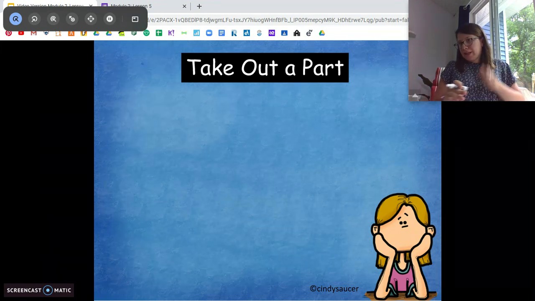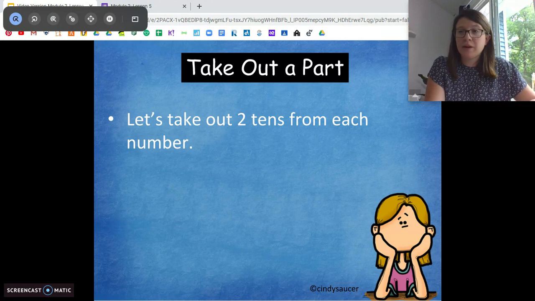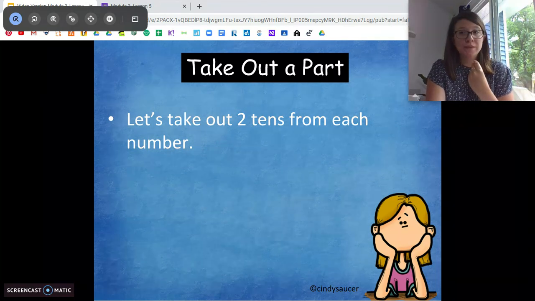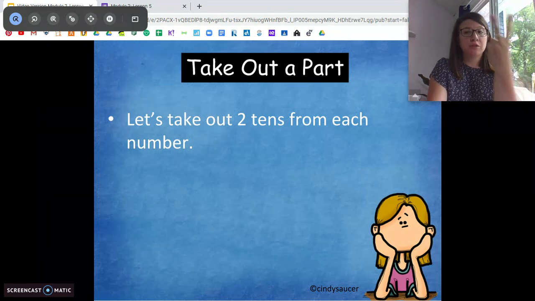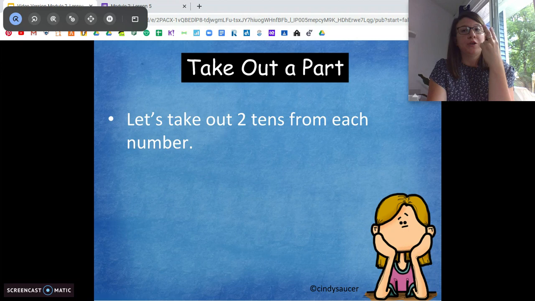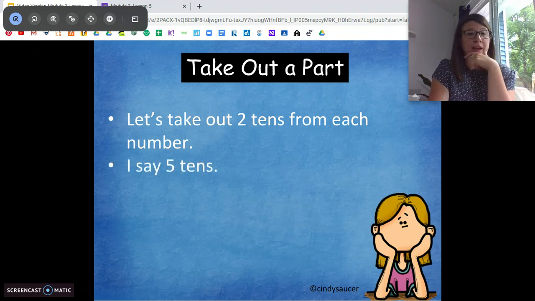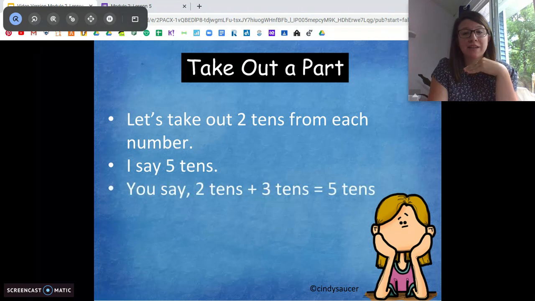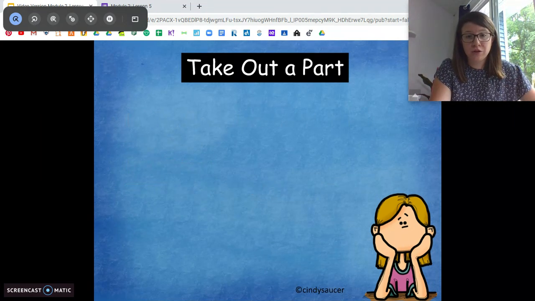Okay. Don't need our place value charts anymore. I'm going to do something a little bit different. I'm going to give you a number, and I want you to take 2 tens away from that number. Okay? So if I give you a number, you're subtracting 2 tens. Think about the facts you know with your subtracting 2 facts. That'll help you with this, okay? So if I say 5 tens, you take 2 tens away, and you get 3 tens.